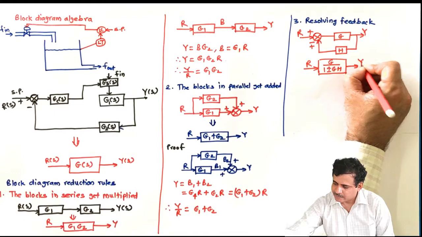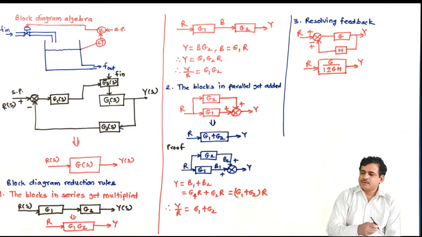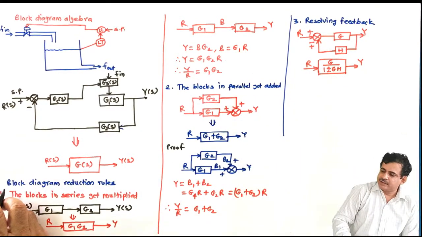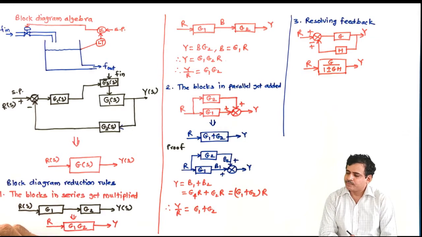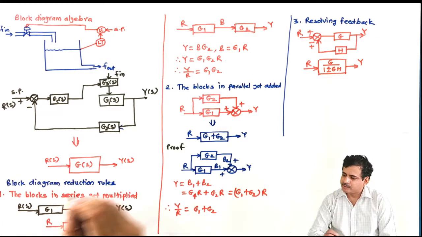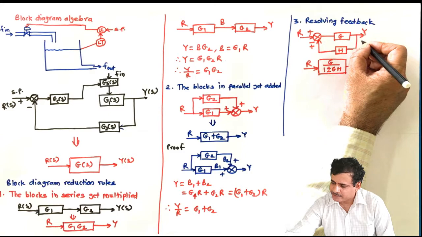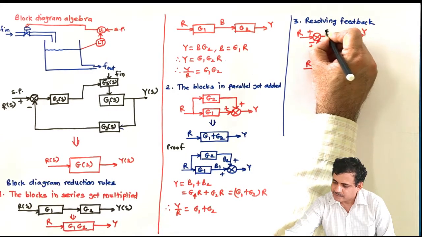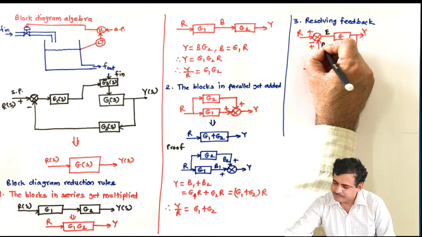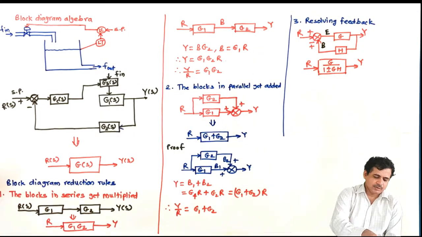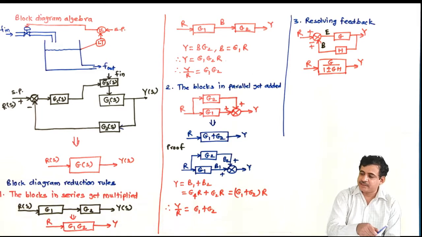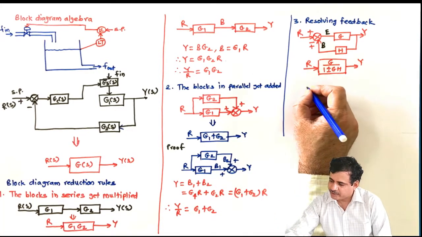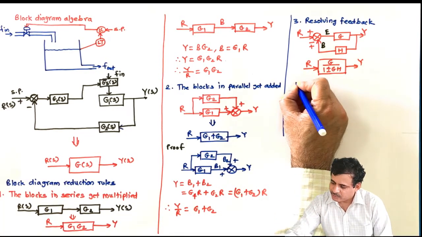So how is this done? In the proof, here itself I will assign the variables. Let this be E, let this be B. Let us do it first for the negative feedback.